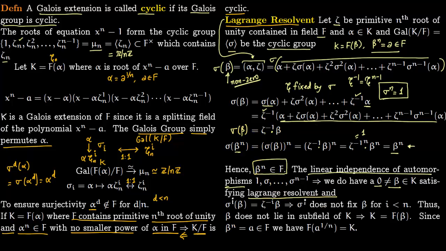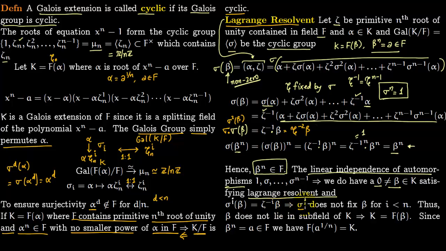And so sigma to the i of beta is precisely zeta to the minus i beta, because application of sigma on beta just multiplies beta with this zeta inverse. You apply sigma to it again, you get sigma square of beta on this side, and on this side you again multiply with zeta inverse, and this will give you zeta to the minus 2 beta. So you apply it i times, you get this.